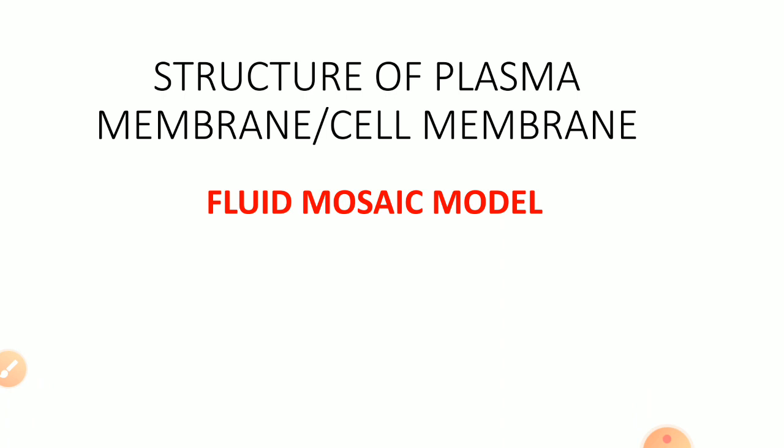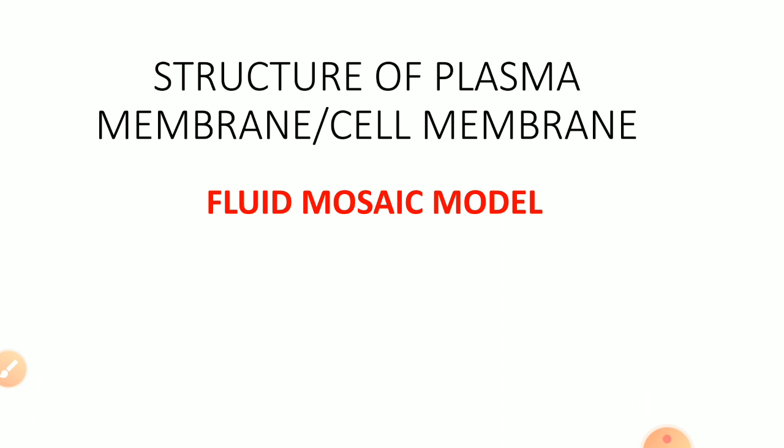As we already know, it is made up of biomolecules, that is carbohydrates, proteins, fats, lipids. But now we are going to take a look at how these molecules are arranged, which helps molecules like gases and water to pass across it.